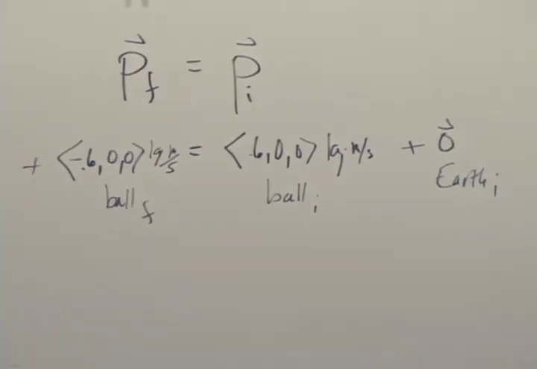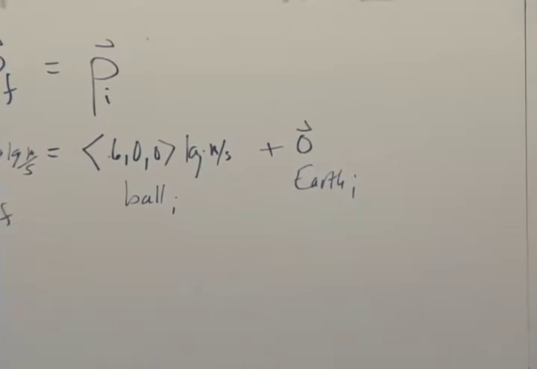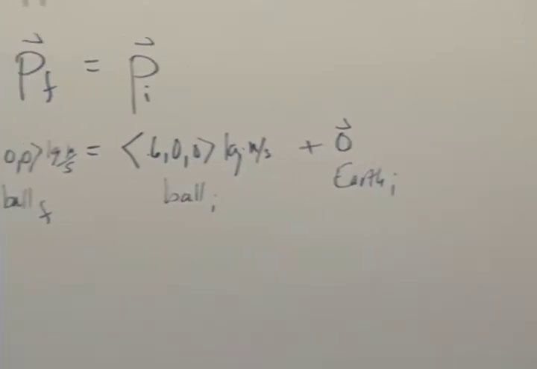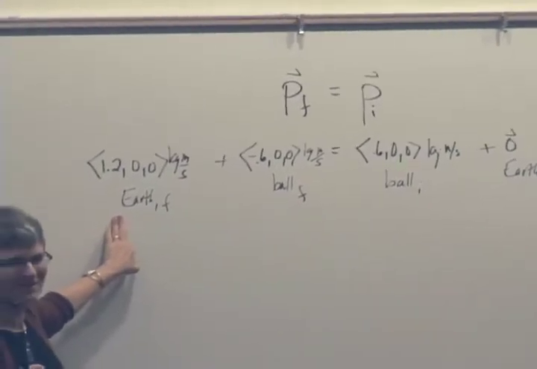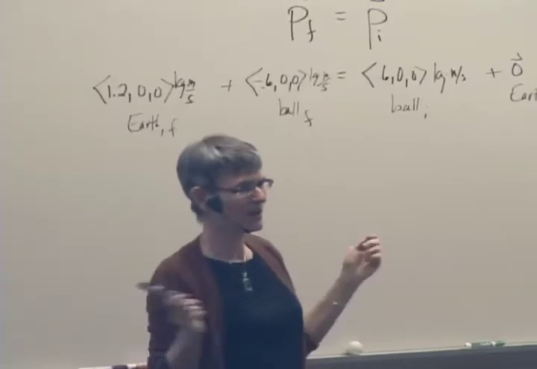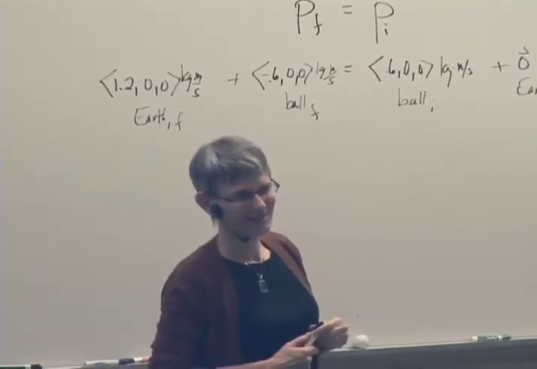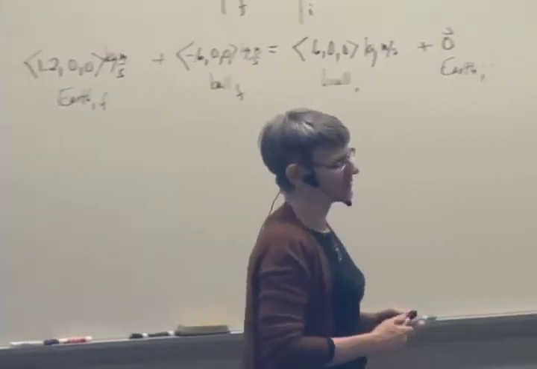Now, why do you want it to be 0? Just because the Earth is big, massive? Would you notice a change in the Earth's momentum of this magnitude? No, you wouldn't. Okay, it would not be a noticeable change. But according to the momentum principle, it must be happening.